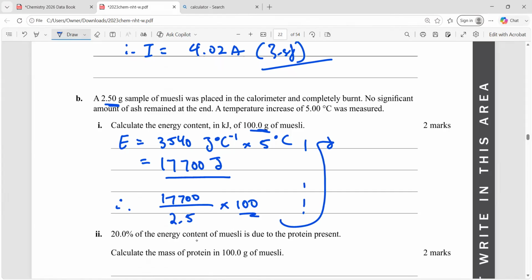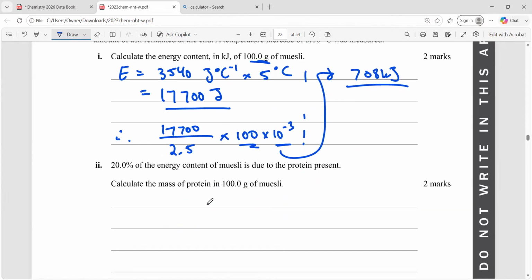It's in kilojoules as well, so let's just times it by 10 to the negative 3. Very lazy. Times by 100 divided by 1,000 and should be 708 kilojoules. Cool. It's little things like that that kind of trick people up.